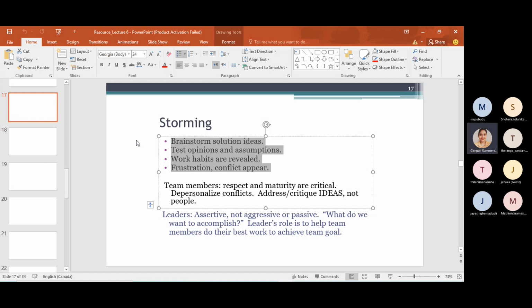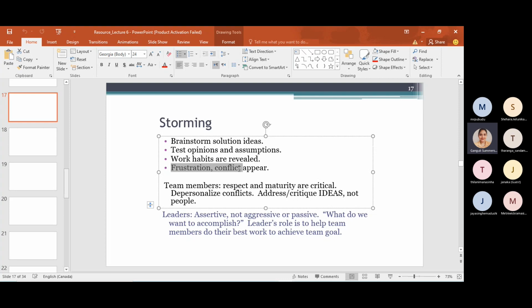There will be a lot of assumptions and opinions that you need to test during this storming stage. So the storming stage is all about brainstorming. Everybody is expressing their ideas, assumptions, and opinions. The work habits of the team members will also be revealed during this storming stage.